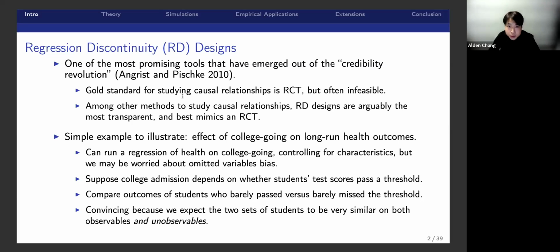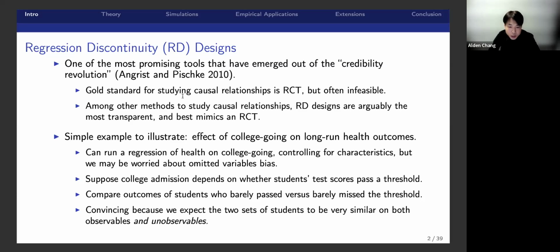Of course, the gold standard for studying causal relationships is RCTs, but this is often infeasible, either because we want to study the effects of a past program or because an experiment is unethical. So, out of the numerous methods that have been developed in the credibility revolution, RD designs are arguably the most transparent and also best mimic an RCT.